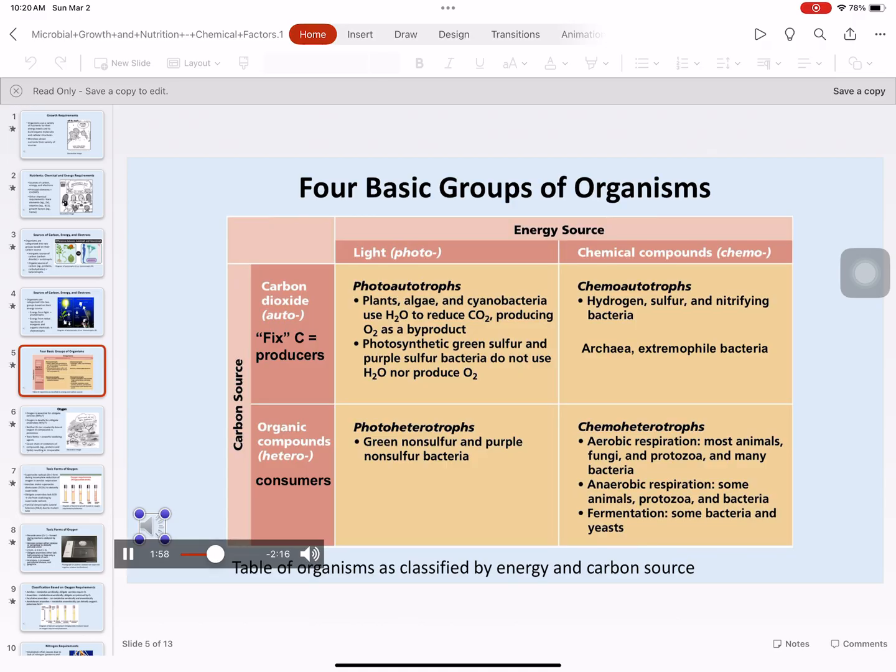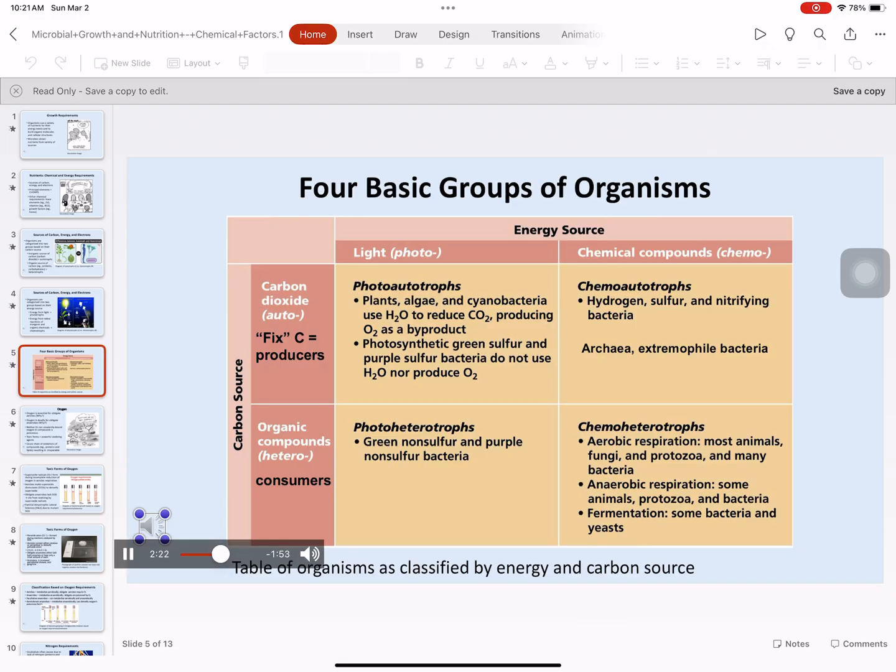We also have, if we look at the top right, chemoautotrophs. That is, organisms that can fix carbon, but they get their energy from chemical compounds.